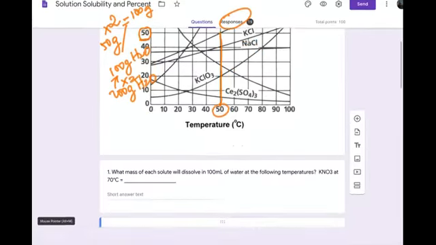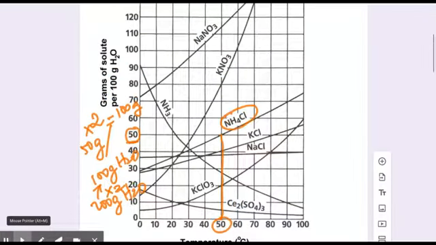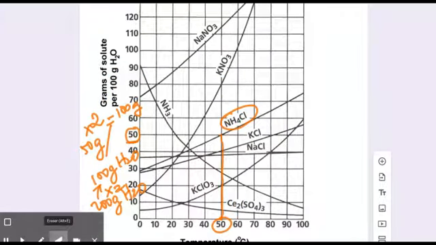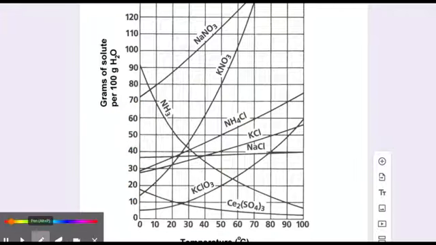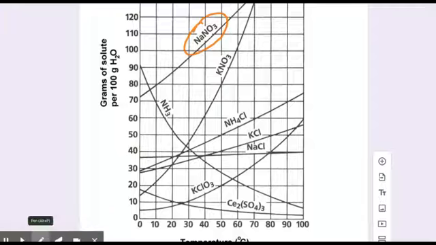Sodium nitrate is right here. 30 degrees Celsius is right here. So the intersection of 30 and sodium nitrate is this dot. This dot is approximately 95 grams of sodium nitrate dissolving in 100 grams of water.